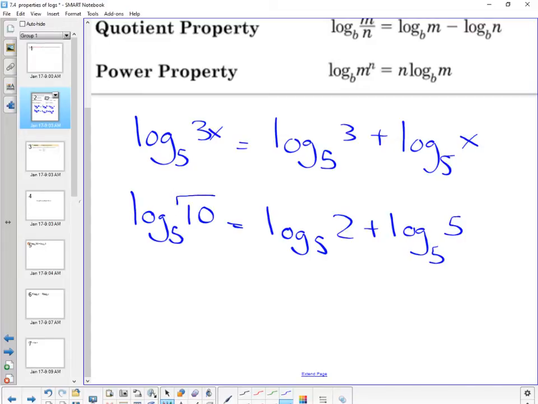This is getting split up into 2 factors. That's 2 times 5, so I can go 2 and 5. In this case, I had 3x, well that's 3 and x. So if it's a product, I can separate it into an addition problem. Does that make sense? And if it's a division problem, then I can separate it into a subtraction.